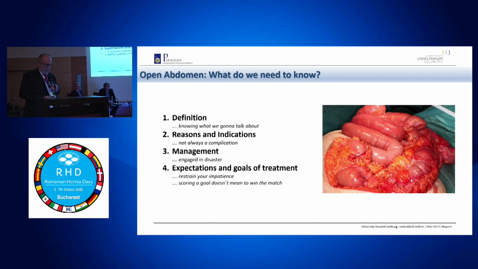First of all, it's necessary to restrain the surgeon's impatience in many cases. As the soccer players among you probably know, scoring a goal doesn't always mean winning the match. This means if you have success in treating a patient with open abdomen, the next day can be quite different.